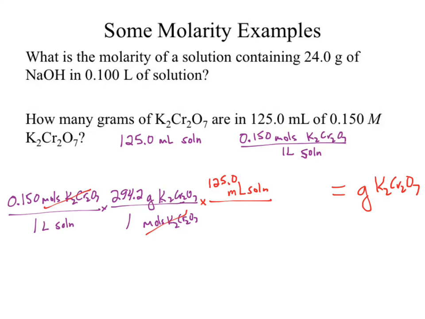What's the number I put underneath? 1. I know where you're getting 1,000 from, but that's not the relationship here. This is 125 milliliters, period. It's not a conversion. There's not a relationship to anything else. There are 125 milliliters. So we will put it over 1.